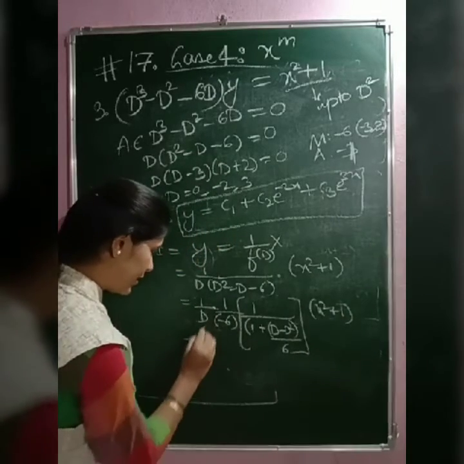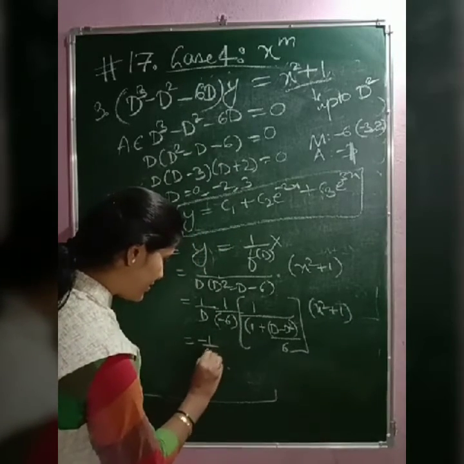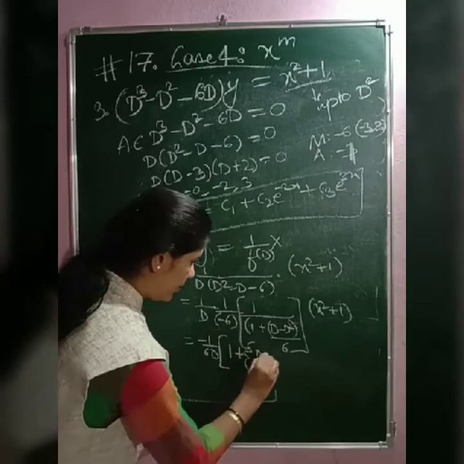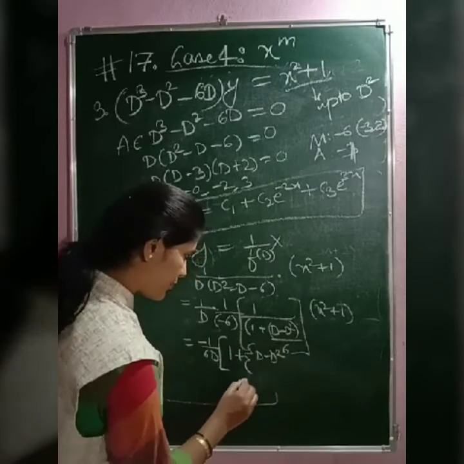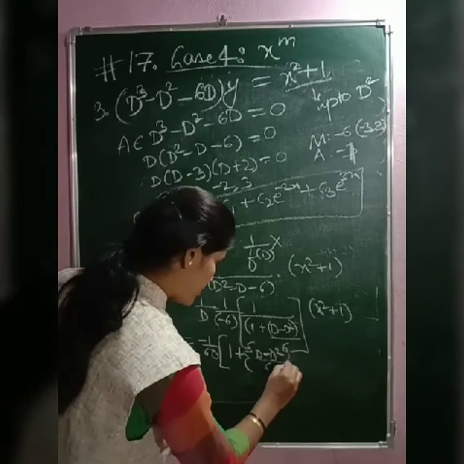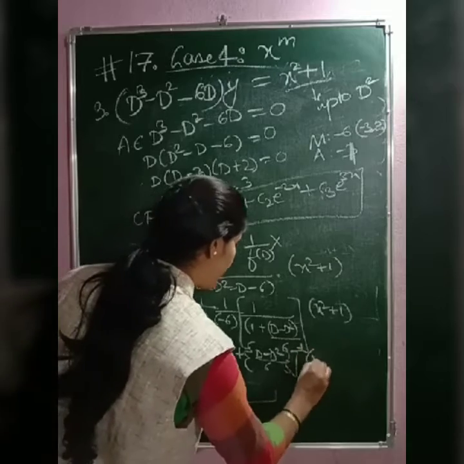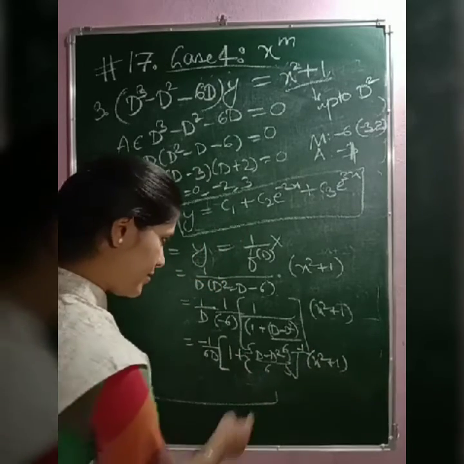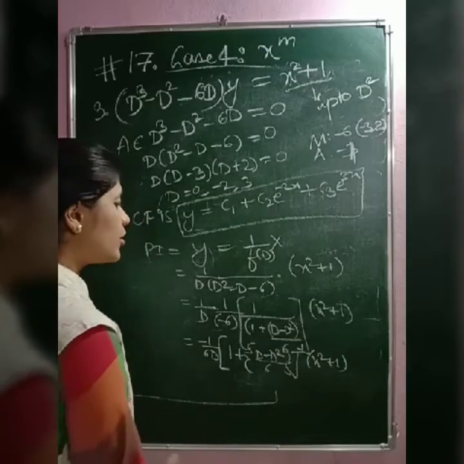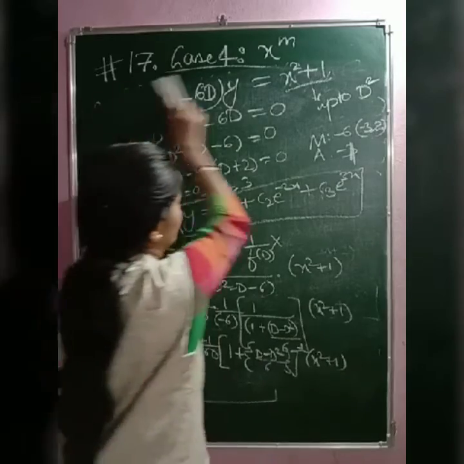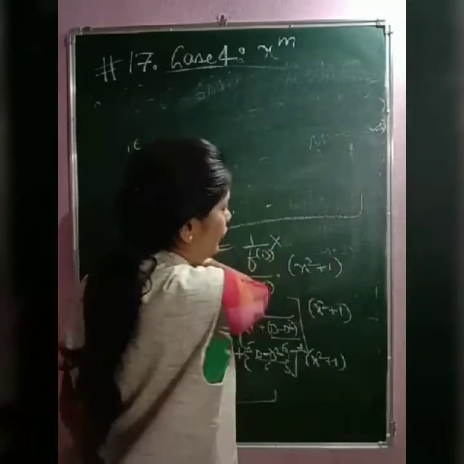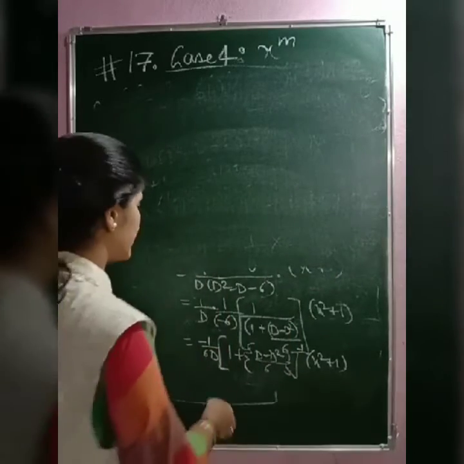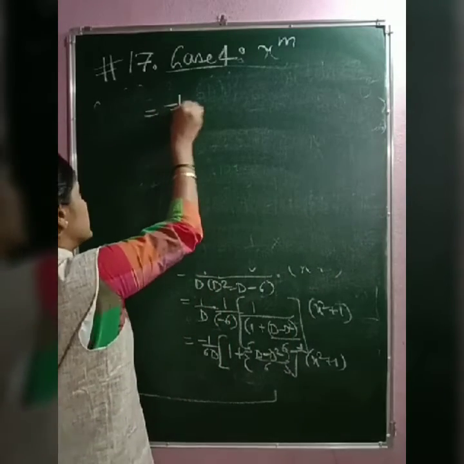So this is nothing but minus 1 by 6D, whole inverse, 1 plus D minus D square by 6, inverse, of x square plus 1. So this is 1 plus x inverse. Already we know what 1 plus x inverse is: ascending power of x, alternate plus minus.